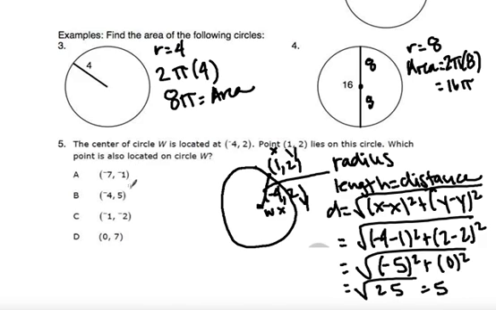So what I could do is find the distance between each of these points. So if I started with this one, I would have the square root of -7 minus -4 squared plus -1 minus 2 squared.